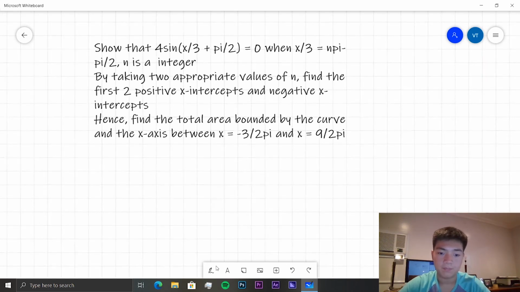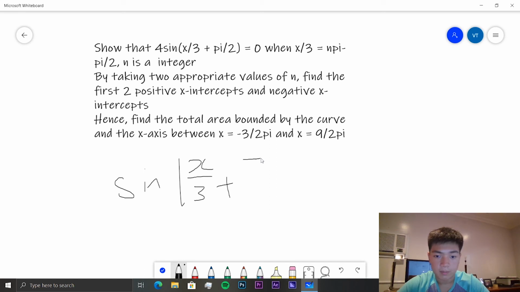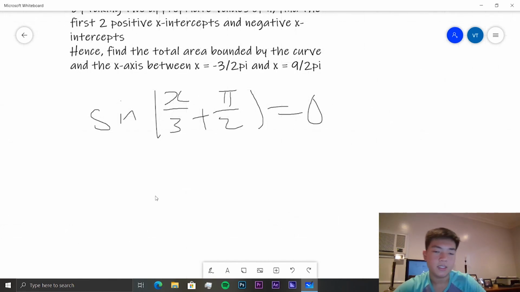So we need to prove that sine of x over 3 plus pi over 2 is equal to 0 when this inside is a multiple of pi, and that's not too hard.